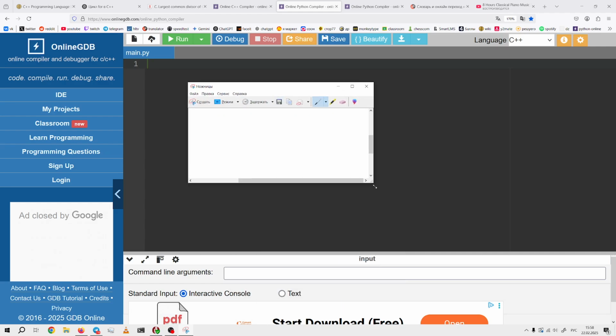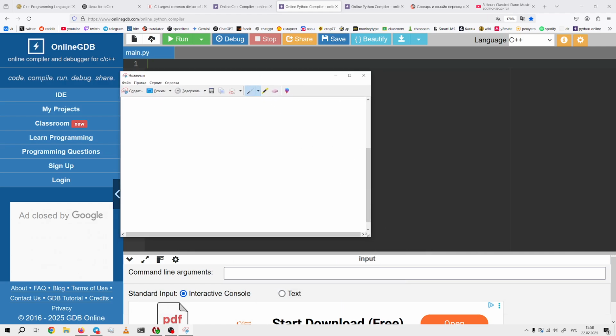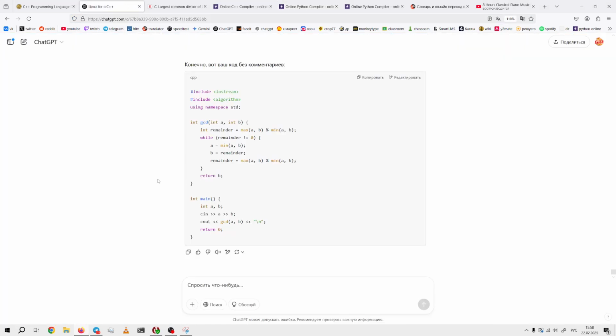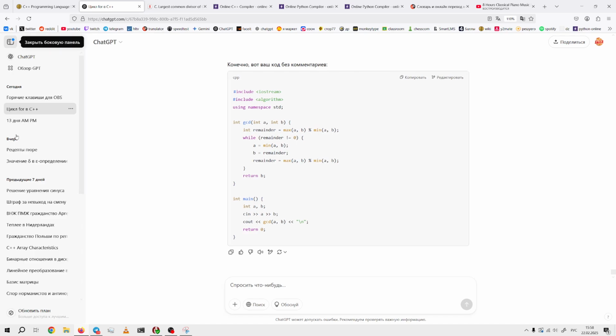I need some paper for this. Let me remind you. So there is code, and it's not ChatGPT. Actually, I wrote it by myself, but ChatGPT did some improvements.